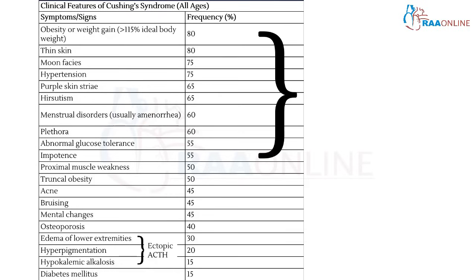Whenever a patient has hyperpigmentation or hypokalemic alkalosis, always remember that likely this patient has ectopic ACTH. Whenever a patient has hyperpigmentation, hypokalemic alkalosis and hypokalemia, these two hypo and one hyper, likely you are looking at an ectopic ACTH driven Cushing syndrome.